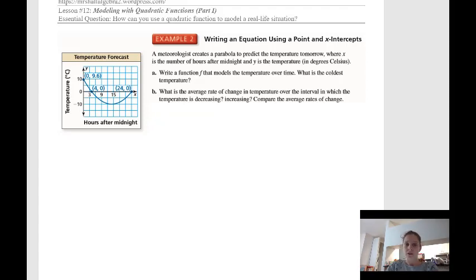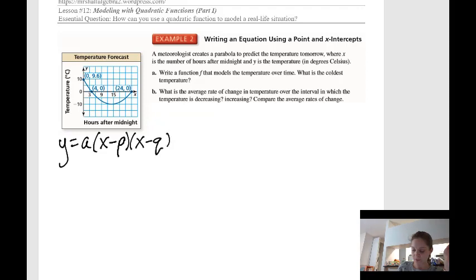Looking at this graph, we are given the x-intercepts and a point. That's why we're going to use intercept form, which again is y equals a times x minus p times x minus q.